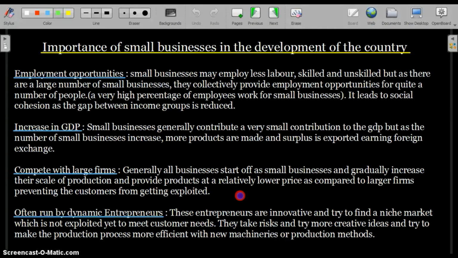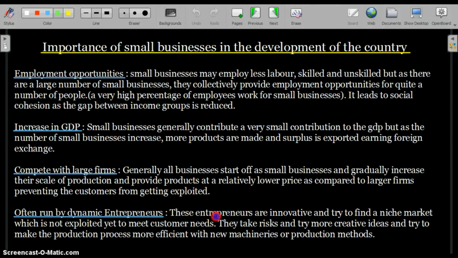They might try to exploit customers: we are the only one offering it, so you have to pay a premium price. But if a small business enters that market, it will provide that product at a relatively lower price at first, so customers are prevented from being exploited. They give competition to large businesses with a relatively lower price, and as they keep growing, they become larger businesses, and that's why they give competition to the larger firms.